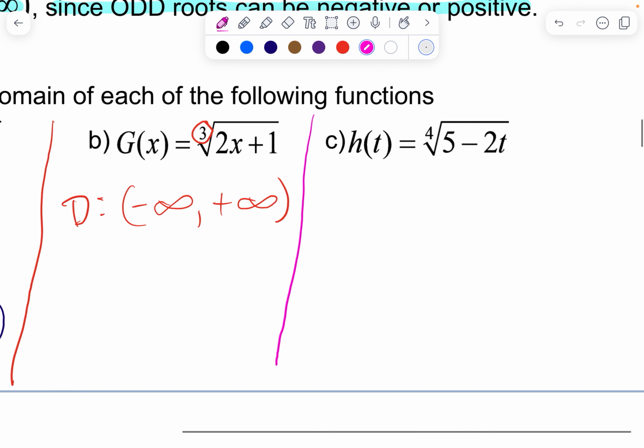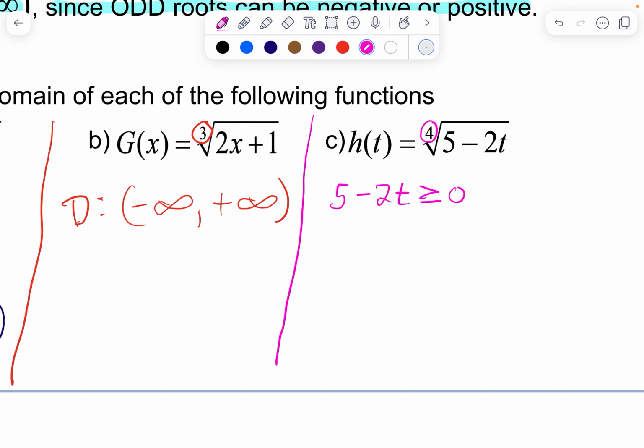H of t is equal to the fourth root of 5 minus 2t. Since 4 is even, I must go ahead and set my radicand, or the inside part of the radical, to greater than or equal to 0. I'm going to subtract 5 from both sides. 2t is greater than or equal to negative 5. I'm going to divide by negative 2.